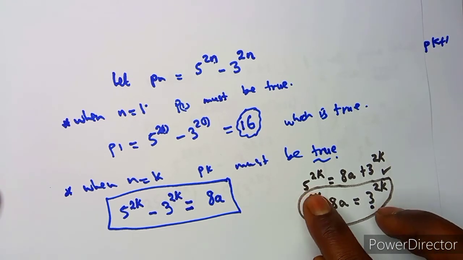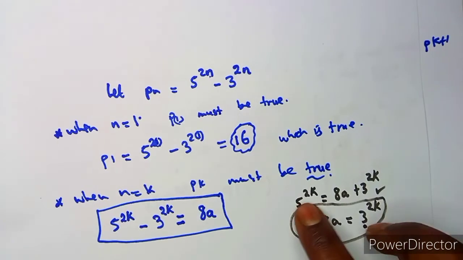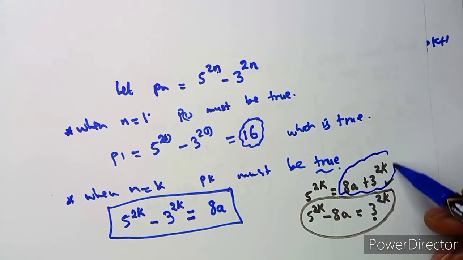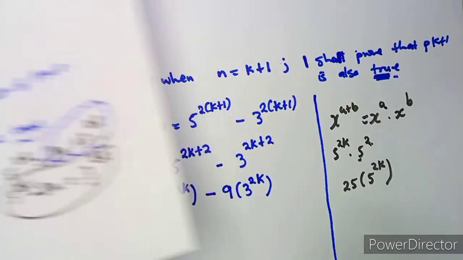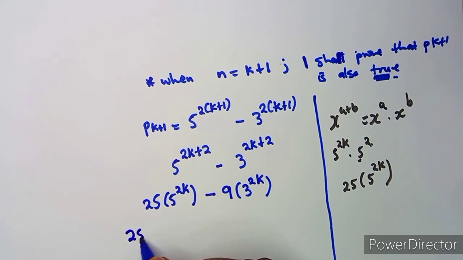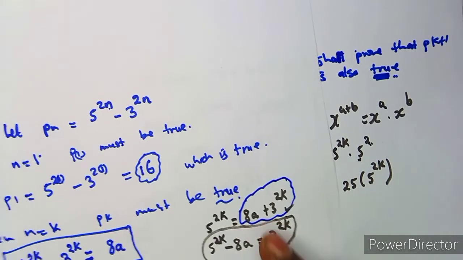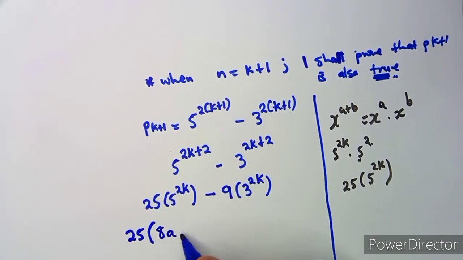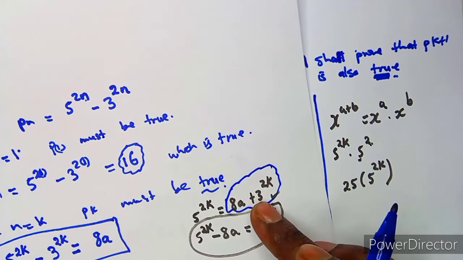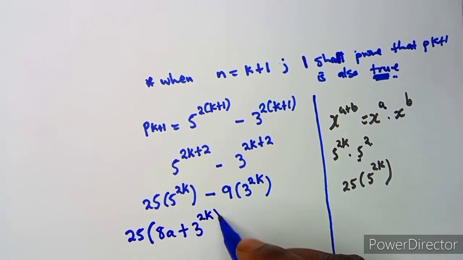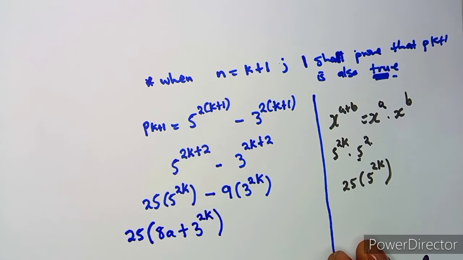I'm just going to take the first one, 5 to the exponent of 2k. Substituting this in place of 5 to the exponent of 2k, it is going to look like this: 25 into 8a, so it's 8a, plus 3 to the exponent of 2k, like this. So this is what I'm going to have at the end.